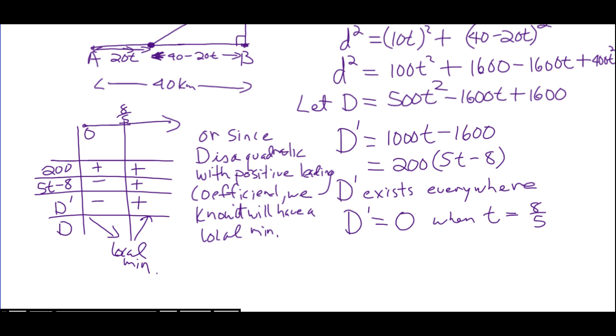Okay, so we know we have a local min. It occurs at a time of 8/5, which is 1.6. So the boats are closest together after 1.6 hours.